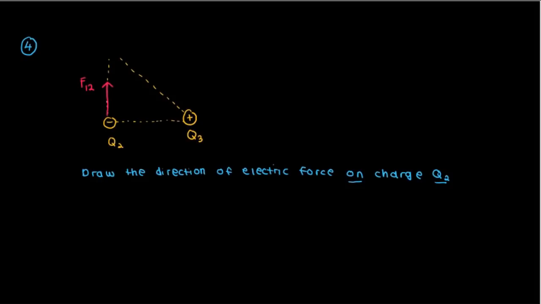Q3 on 2, this negative and positive charge will produce attractive force, meaning that they move toward each other, but on charge Q2, so it will attract to Q3. So we label it F3 on 2. And after that, we just put the charge of Q1 back. Okay, this is how you draw the direction of electric force on charge Q2.